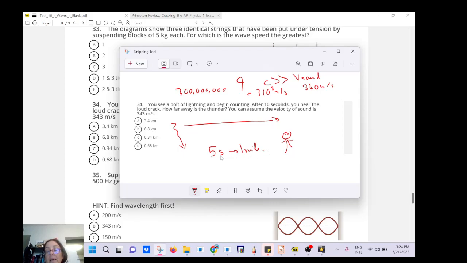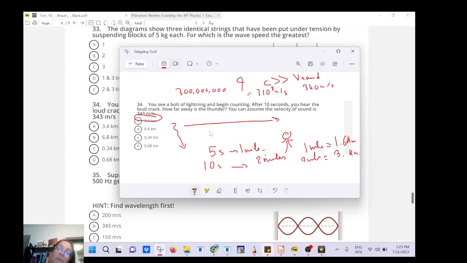So that means if you count 5 seconds, the source of the sound is 1 mile away. So if you have 10 seconds, that means it's going to be 2 miles away. So 1 mile, that's something to know, is about 1.6 kilometers. So 2 miles is going to be 3 point something kilometers. So the answer has to be A.